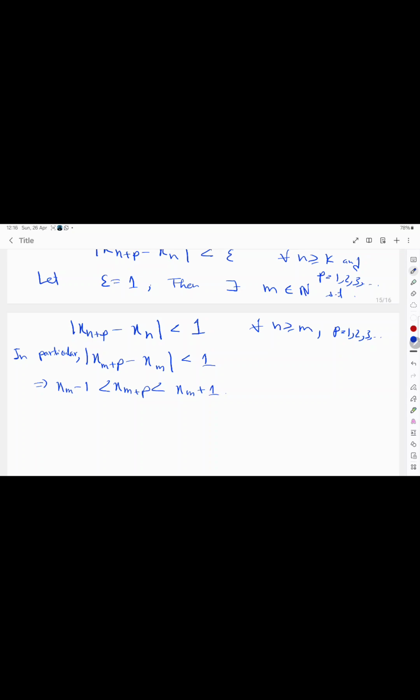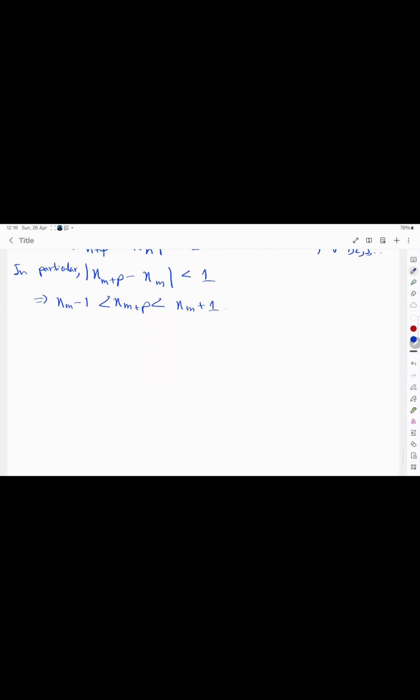You know how to prove this type of boundedness; earlier also we have done it, right? So let B equal the max of x1, x2, up to xm minus 1, and after that xm plus 1.